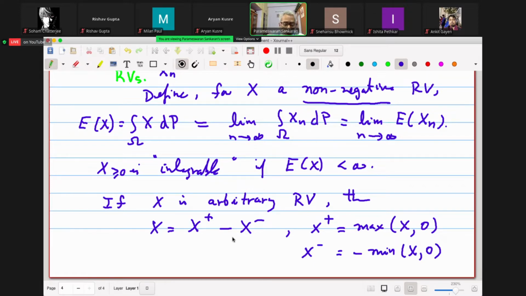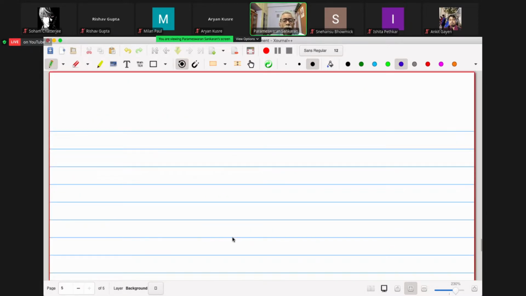And now define, just an extension, that's it. First of all, the expectation is the same as the usual old expectation, no different. So this is equal to the expectation of x plus minus the expectation of x minus.